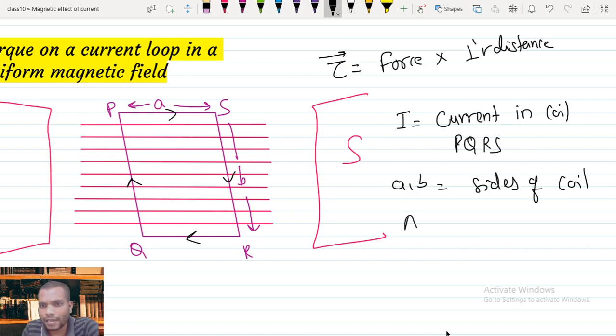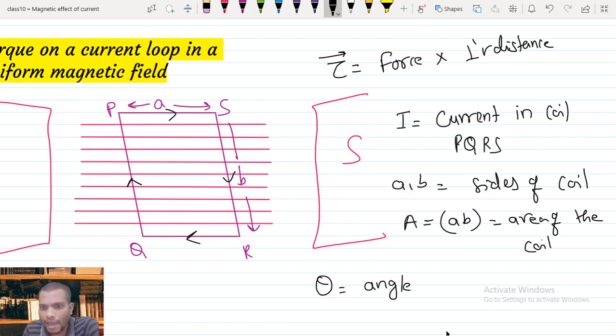Therefore capital A equals A times B, which is the area of the coil. And here, very important, we need to consider one more thing: theta is the angle between the magnetic field B bar and the plane of the coil.